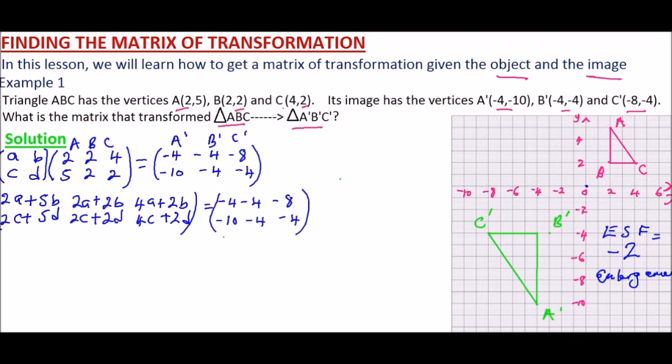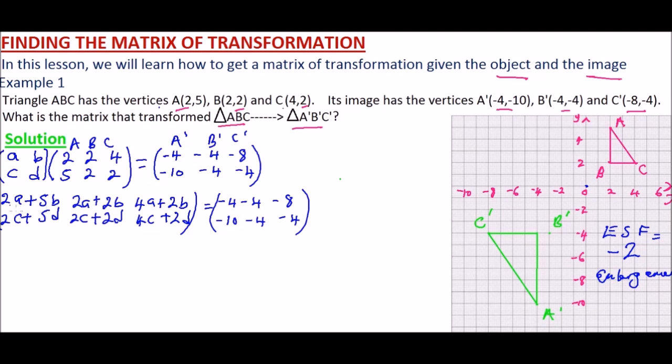Now, when we were learning matrices, we said that because these two matrices are equal, we have an equal sign. Then what we normally say is that the corresponding elements of the matrix are equal.